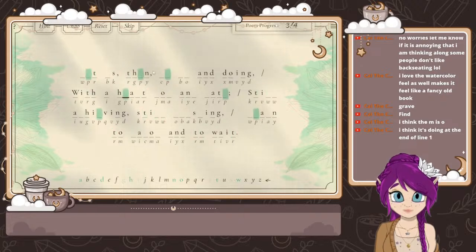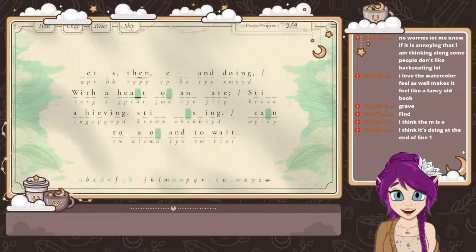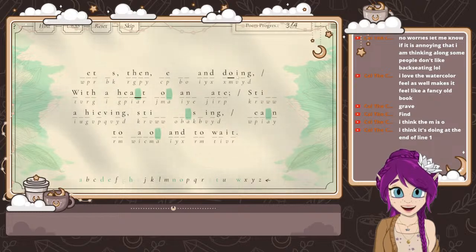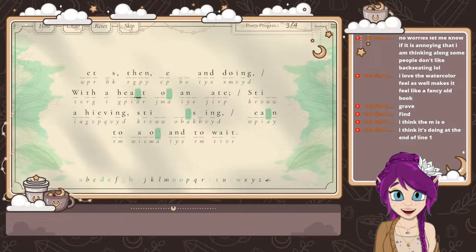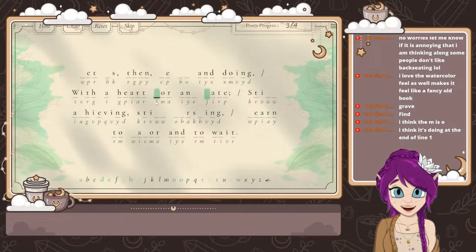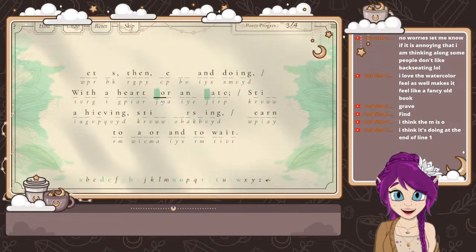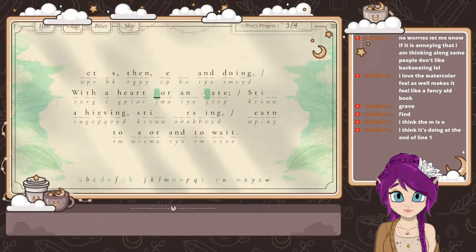With. Then. I already used the A, so it's then. And doing with a heart for fate.